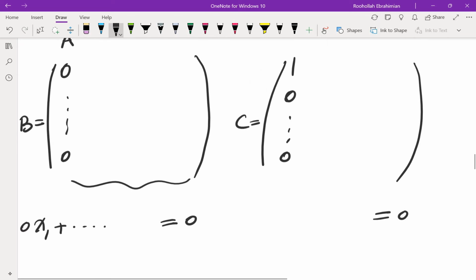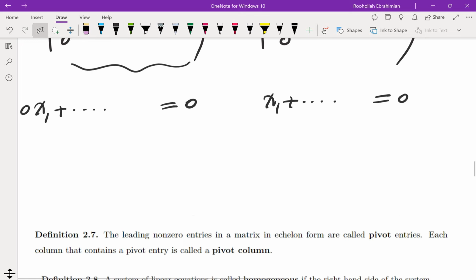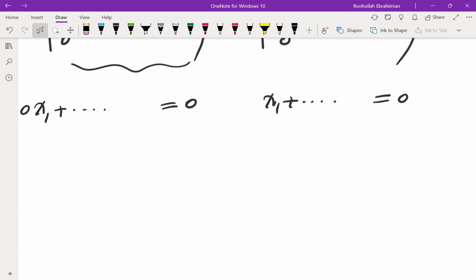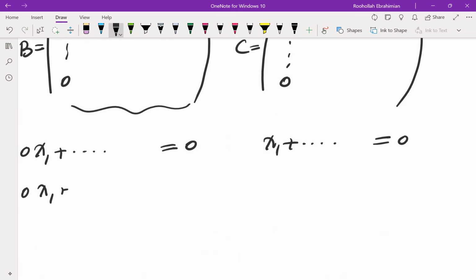But the first equation for C would be x1 plus etc. And for B and C, we have 0x1 in everything except for the first one.